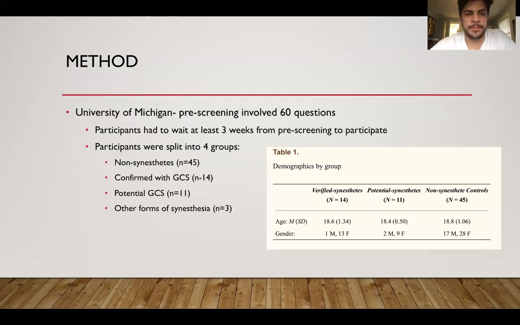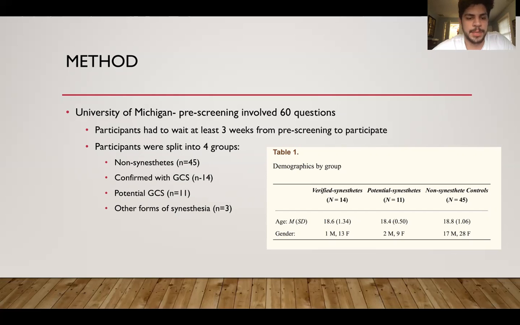And this was for the methods. This was performed at the University of Michigan. The pre-screening involved 60 questions, and the participants had to wait 3 weeks after that pre-screening just to get rid of any sort of bias. As you can see in the figure to the right, it gives a demographic of the participants.